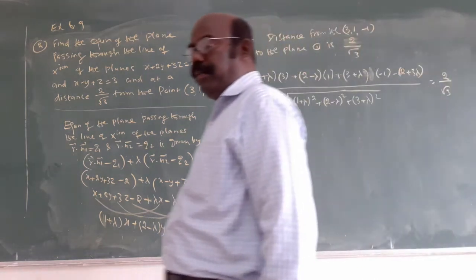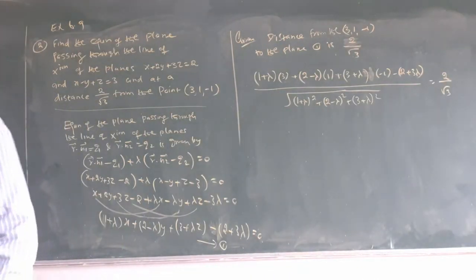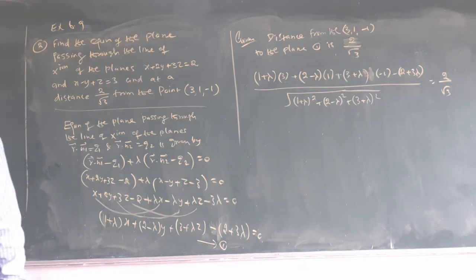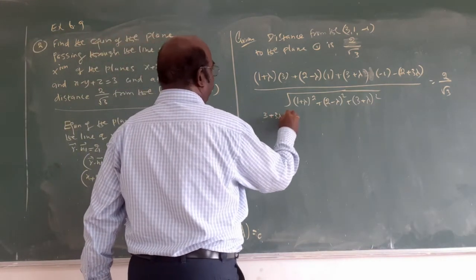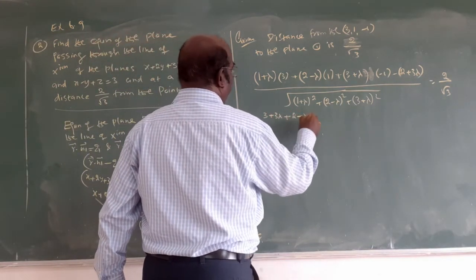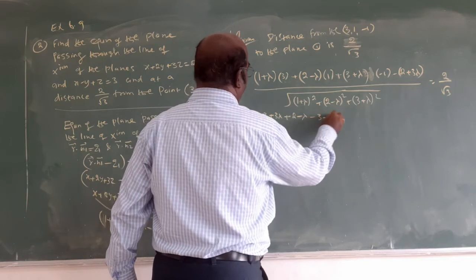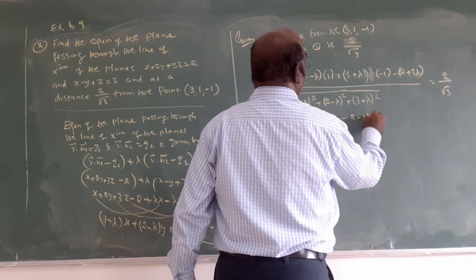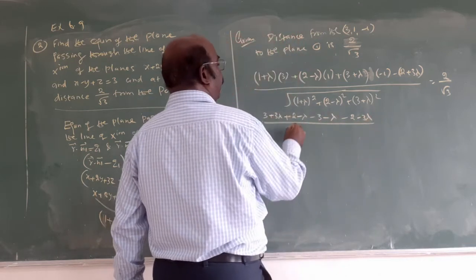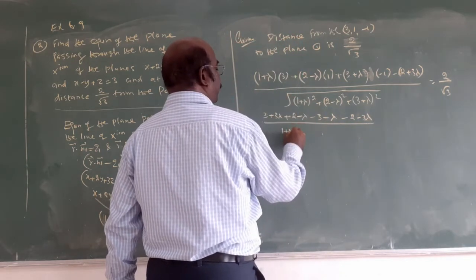That's very important. Let the calculation be divided by this one. In the numerator, you want to simplify: 3 plus 3 lambda plus 2 minus lambda, here minus 3 minus lambda, last one minus 2 minus 3 lambda. In the denominator, (a plus b) squared equals a square plus b square plus 2ab.